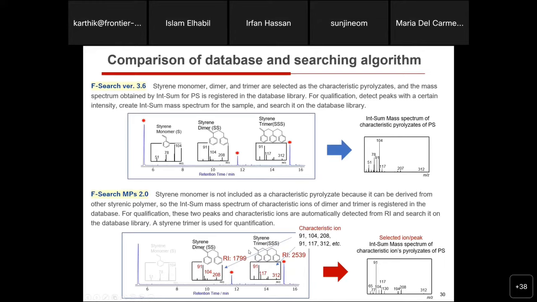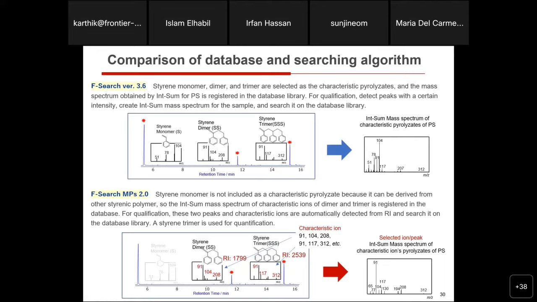We use both styrene dimer and trimer for identification, but for quantification, only the styrene trimer. So the search algorithm is different from our standard one. That's why it has to be a separate product by itself.